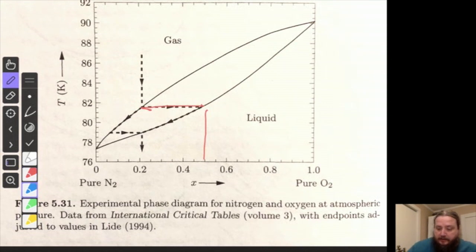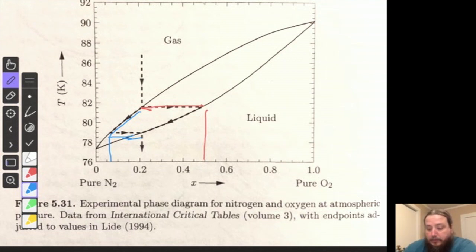Meanwhile, the gas has come down over here and comes across over there. So the gas phase over here is at a much lower oxygen abundance, almost pure nitrogen, by the time it crosses over.